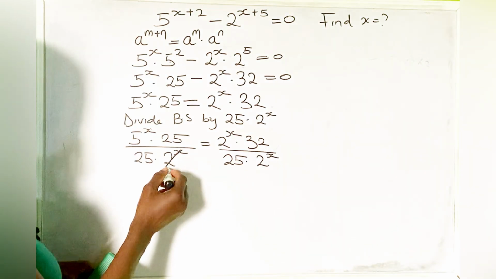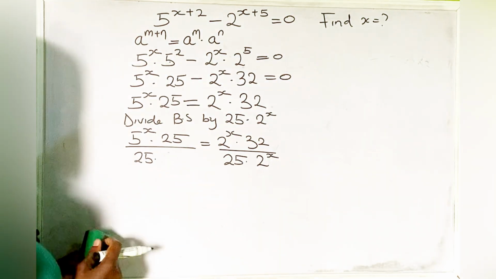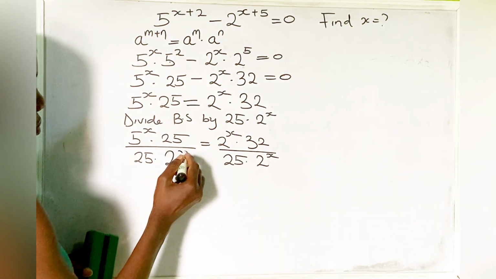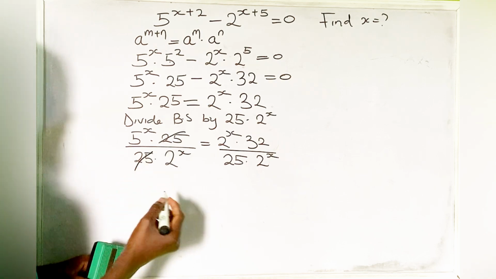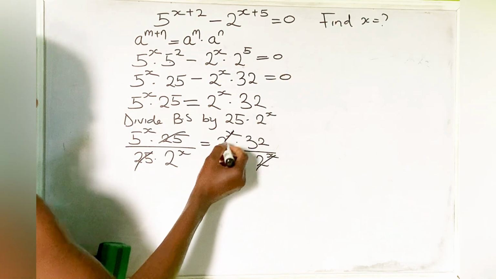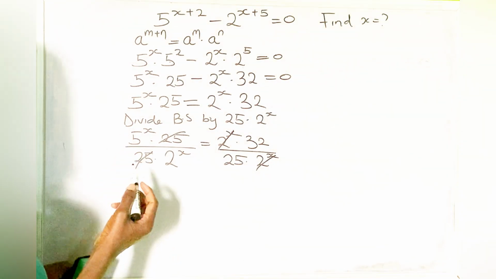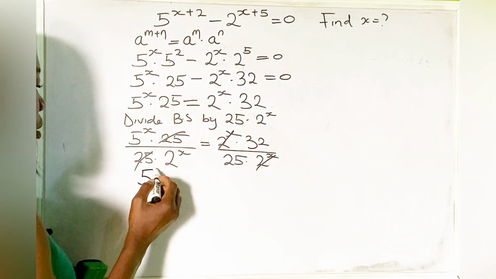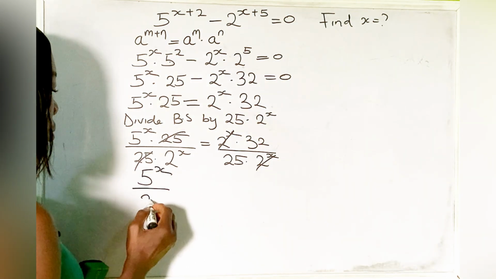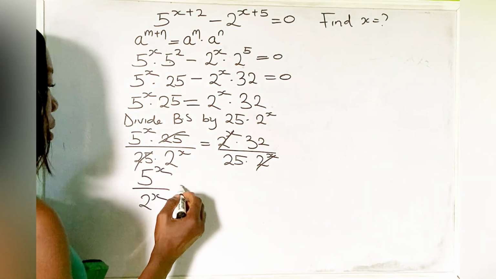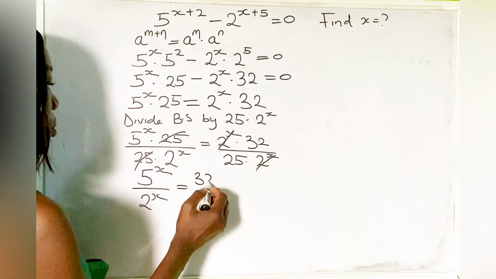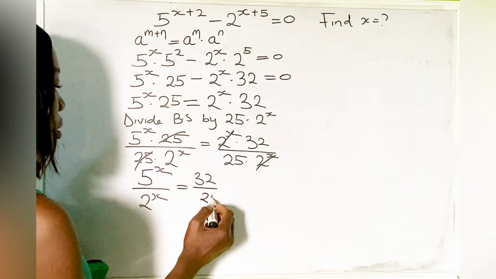Now 25 cancels 25, 2 to the power of x cancels 2 to the power of x. So now we are left with 5 to the power of x over 2 to the power of x is equal to 32 over 25.